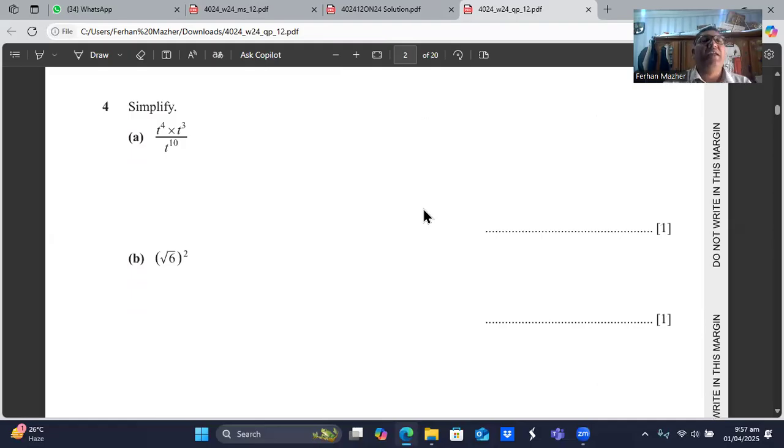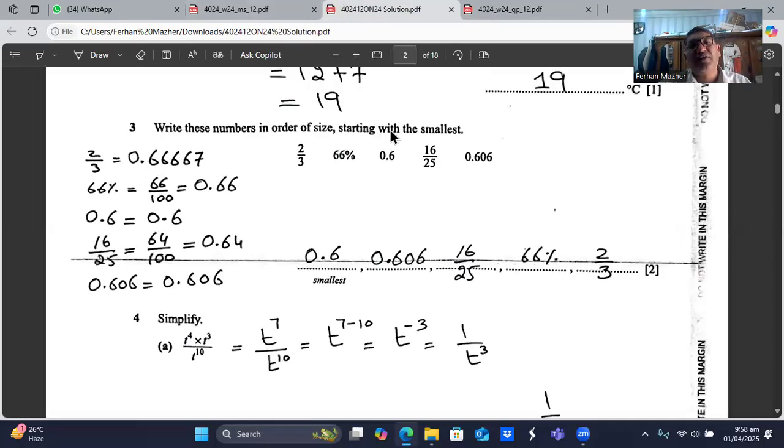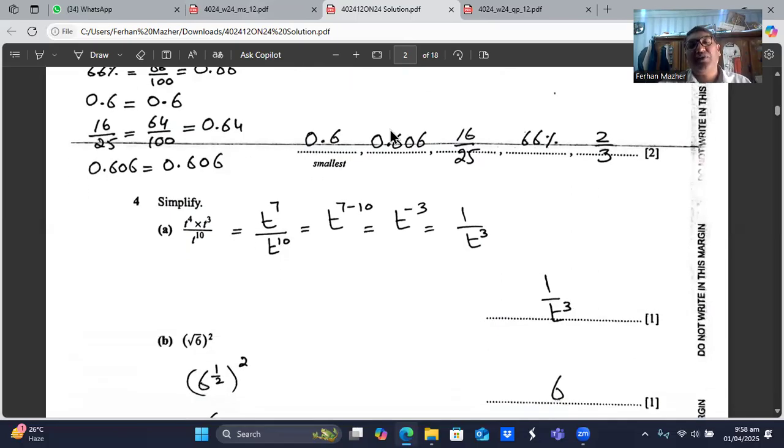He says, simplify, part a. Okay, so we have t raised to power 4 multiplied by t raised to power 3 divided by t raised to power 10. All of them have the same base. So when you multiply them, their powers will be added. And when you divide them, their powers will be subtracted. So t raised to power 4 multiplied by t raised to power 3 is t raised to power 7, divided by t raised to power 10.